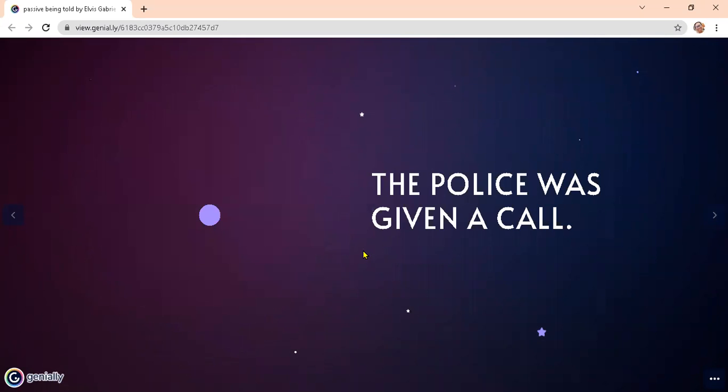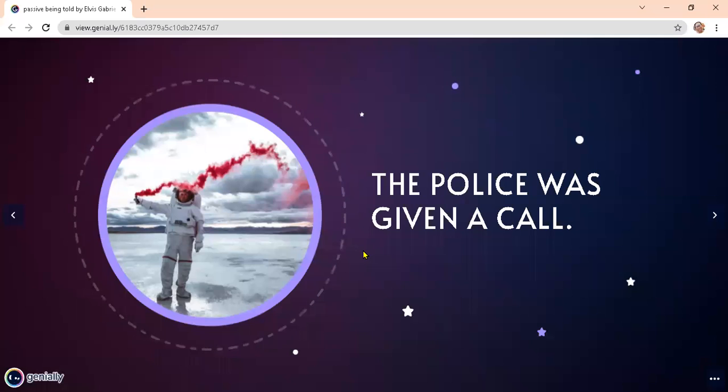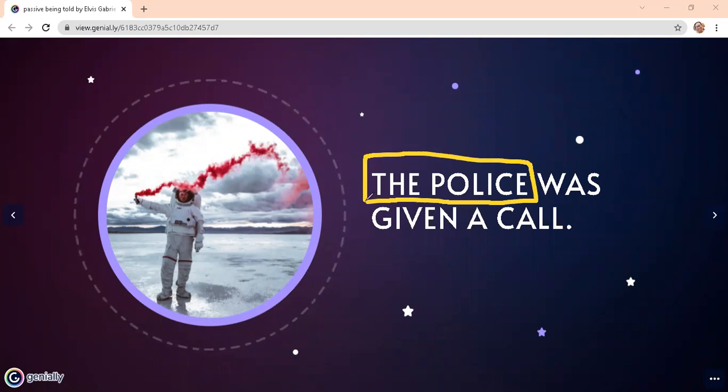So when we have the sentence, the police was given a call, we already know that we are going to use the object of the sentence, and we are going to locate it at the beginning of the new passive sentence.